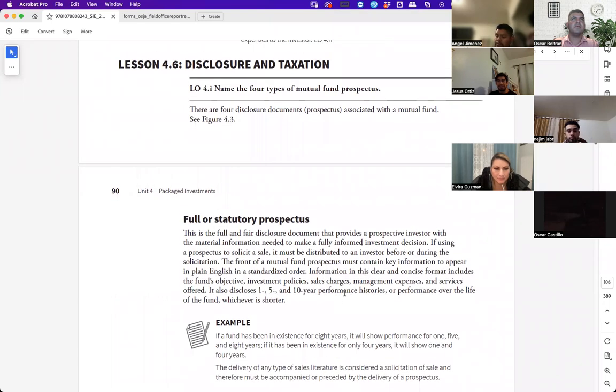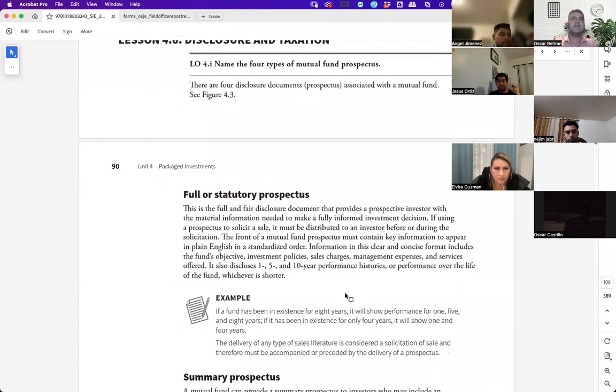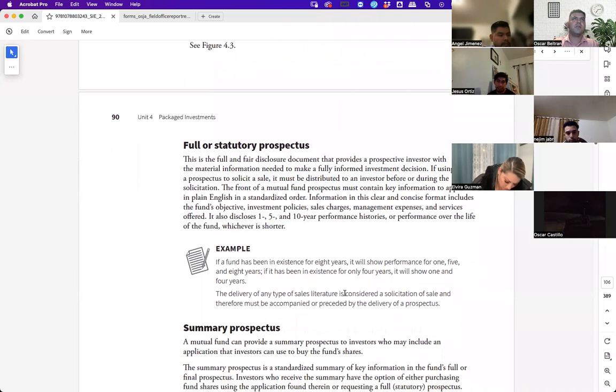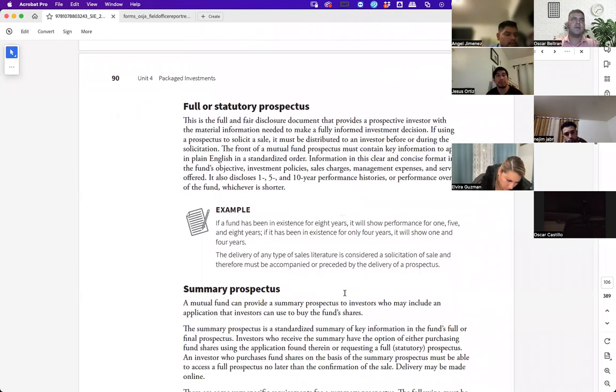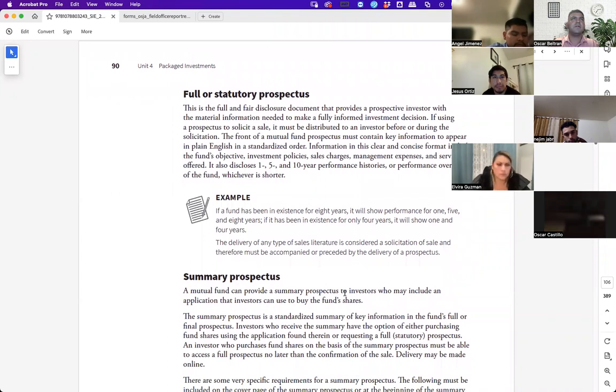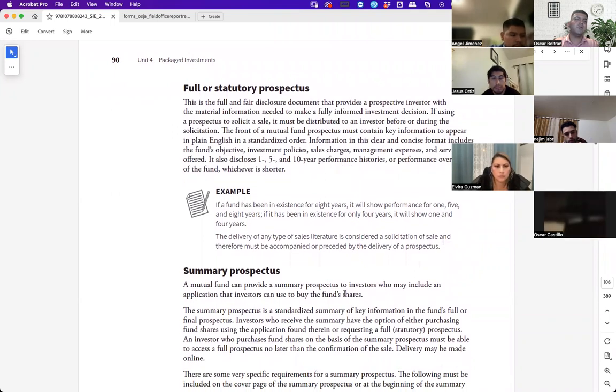All right, this talks about disclosures and taxation: the full statutory prospectus and the summary prospectus. You have to know exactly what is in every type of prospectus. For a sale, you can use the full prospectus or the summary prospectus, and whatever you use to sell that product, you have to provide them that document.